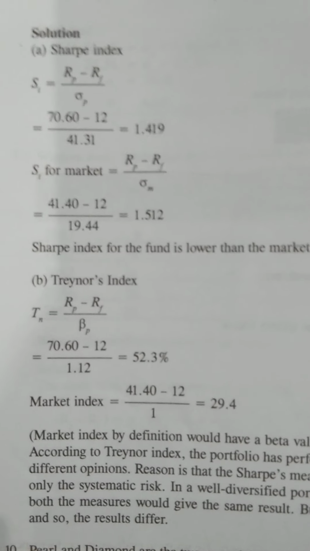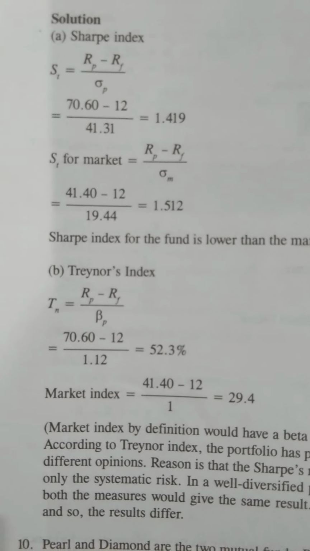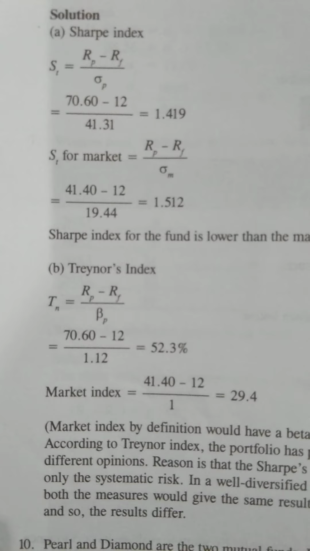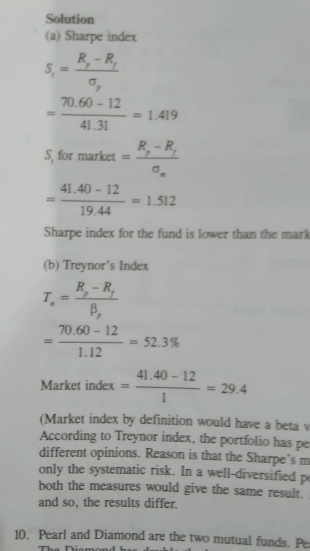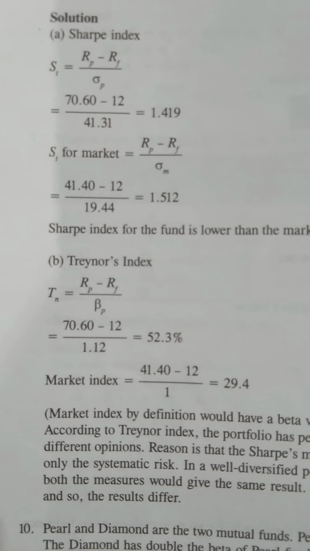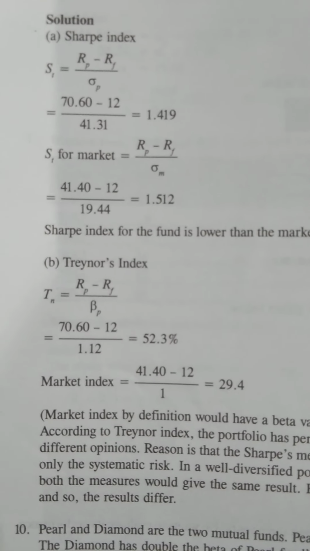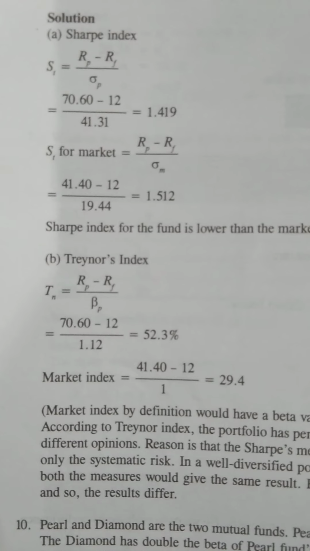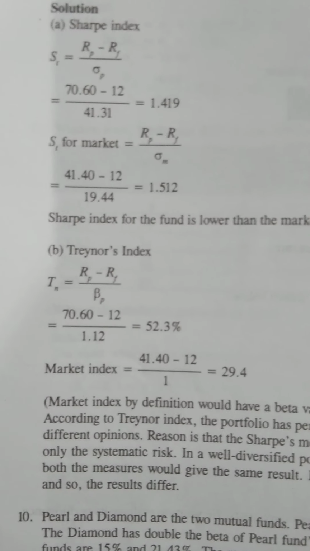Everything is also given for the Sharpe index for the market: the market return is given as 41.40, the risk free return is 12, and the standard deviation is 19.44.